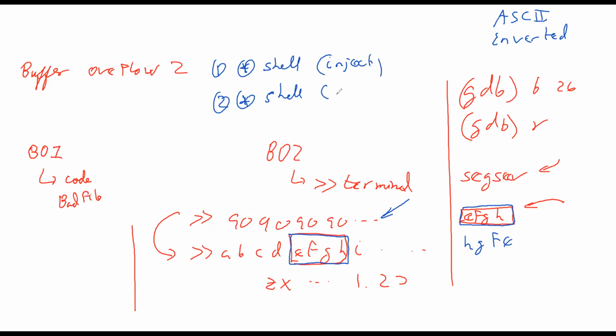But for both scenarios, whether you inject it or it's already in memory, you still need to find the return address, right? And to find that return address, remember, you have to use GDB. Just like you found a return address for this buffer overflow lab, you have to find the return address for the practical exam. Is that clear, guys?